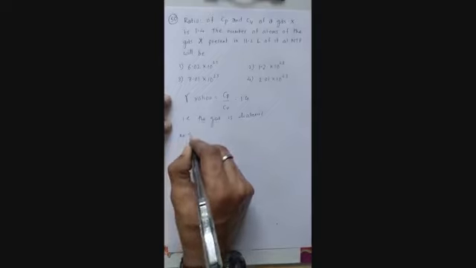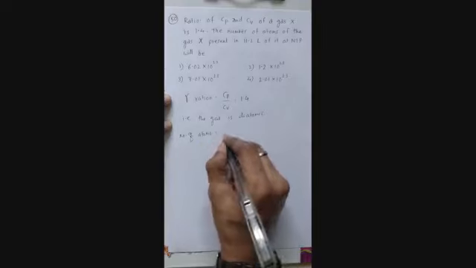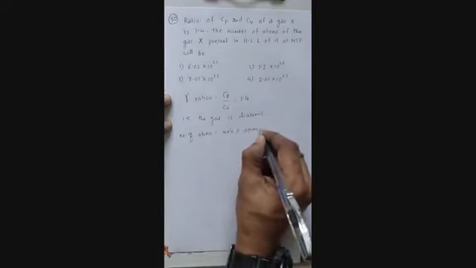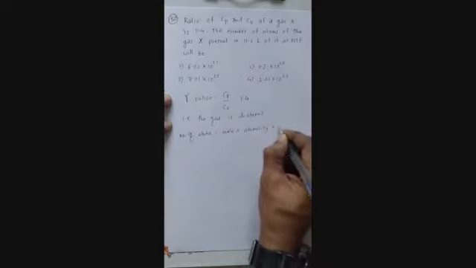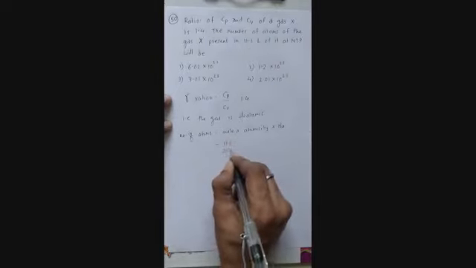So now it is very simple. Number of atoms, straight away use the formula, is number of moles into atomicity into Na. Number of moles is not directly given, but volume is given. So from this we can easily calculate 11.2 liters upon GMV, 22.4 liter per mole. This is multiplied by atomicity is 2.